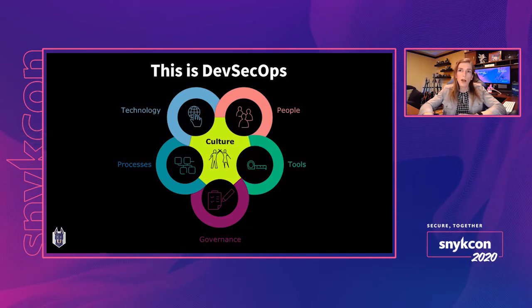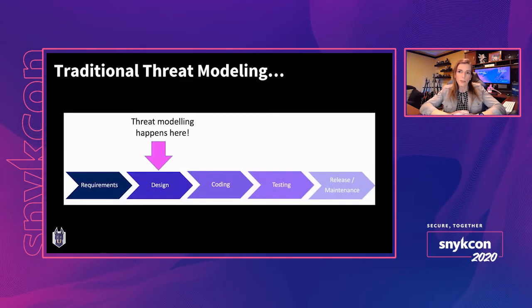Now, when we talk about traditional threat modeling, this is where it lands. We think about threat modeling and it happens in that design phase. So I mentioned all these attack trees we draw out and the DFD diagrams we're going to create. And sometimes people throw architecture diagrams and other things in there too. And it's really designed for working in a development paradigm that includes a lengthy design cycle.